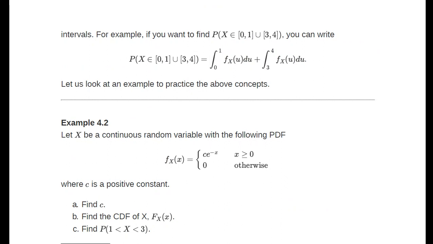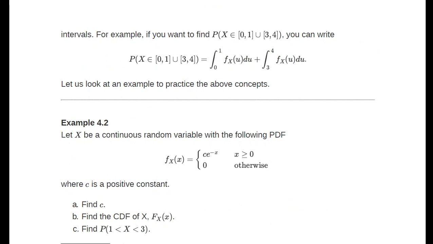For example, if you want to find P(X in (0,1) union (3,4)), you can write the probability of X in (0,1) union (3,4), which is equal to the integral from 0 to 1 of f_X(u) du plus the integral from 3 to 4 of f_X(u) du.